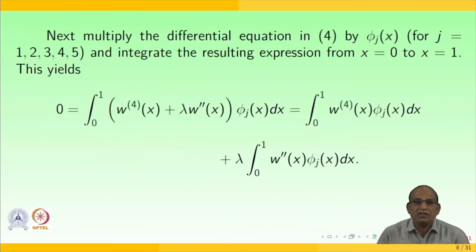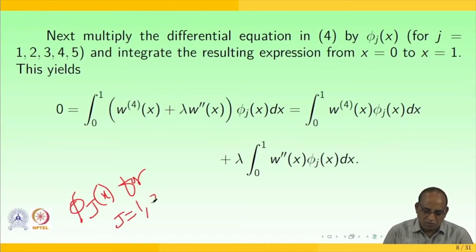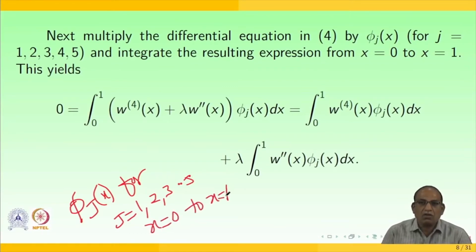Next, multiply the differential equation in 4 by phi j of x, for j equal to 1, 2, 3 up to 5, and integrate the resulting expression from x equal to 0 to x equal to 1.